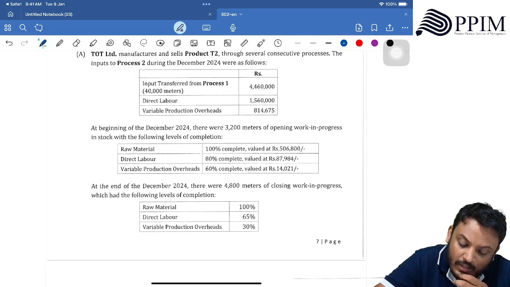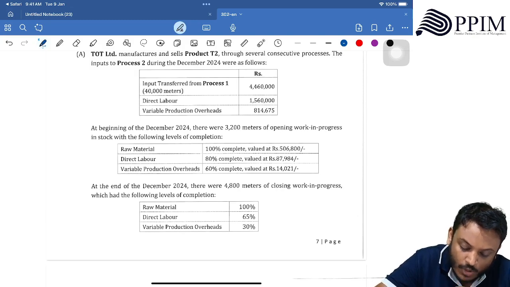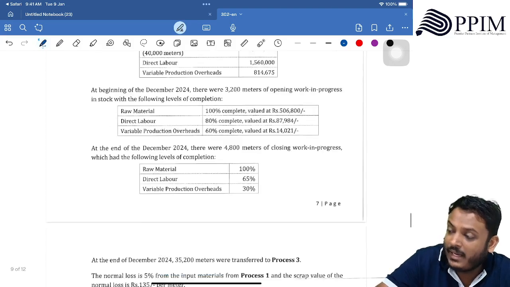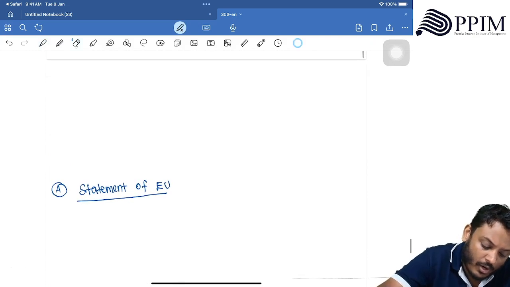There were 3,200 meters opening work in progress. The stage of completion is given for material, labor and variable production overheads. So I'll use the same format.